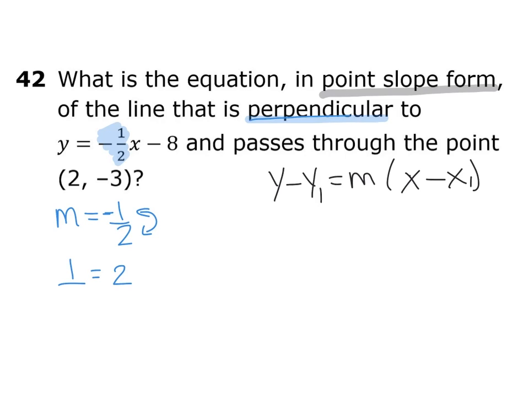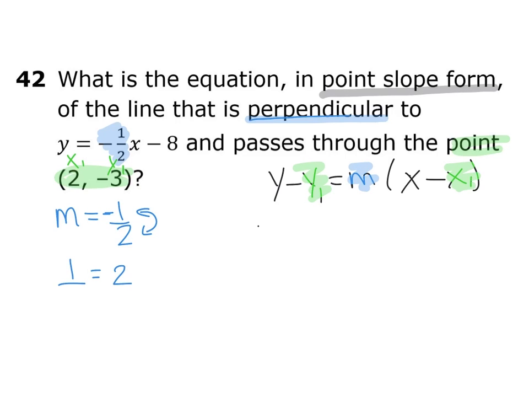The second part is the point we're given here. It helps for you to go ahead and label. This is x1, y1. So our x1 is going to come in the parentheses at the end. The y1 will go in the beginning. And of course we have our slope.